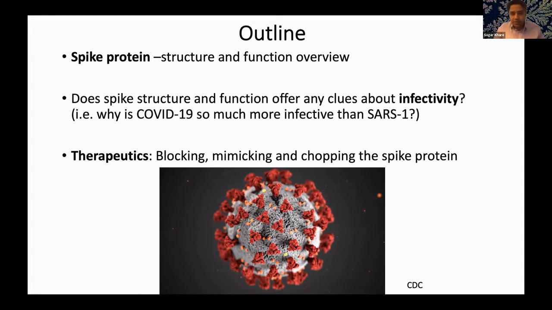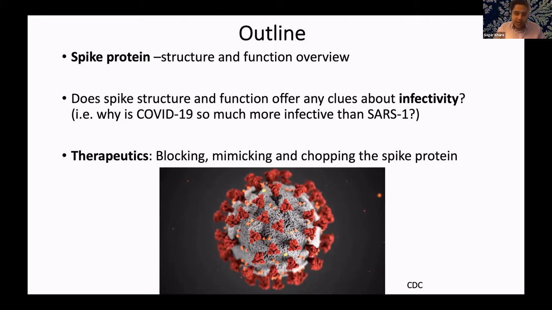The progression of the disease, the appearance of symptoms and infectivity are very different. It's fascinating to think that a small difference in the amino acid sequence can make such a huge difference in the way the virus pathology as well as transmissibility and infectivity is manifested.